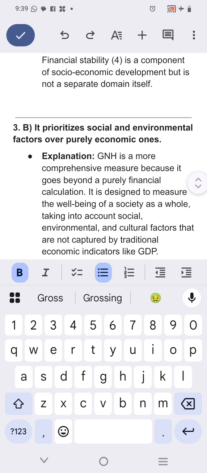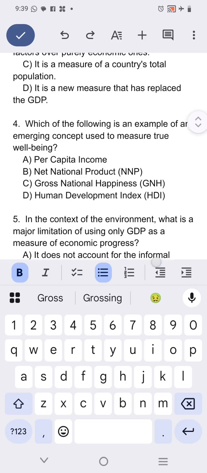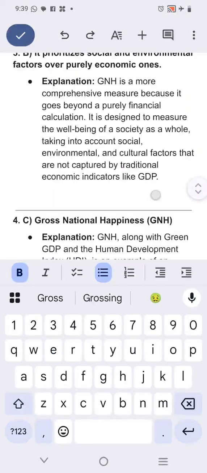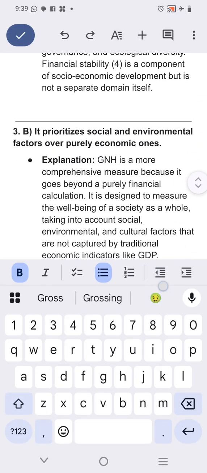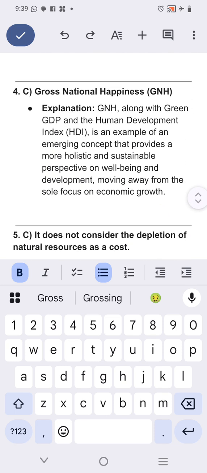In question 3, why is GNH considered a more comprehensive measure of progress than GDP? Because it prioritizes social and environmental factors over purely economic ones. It was a simple one. Next, Gross National Happiness has to be taken into consideration.